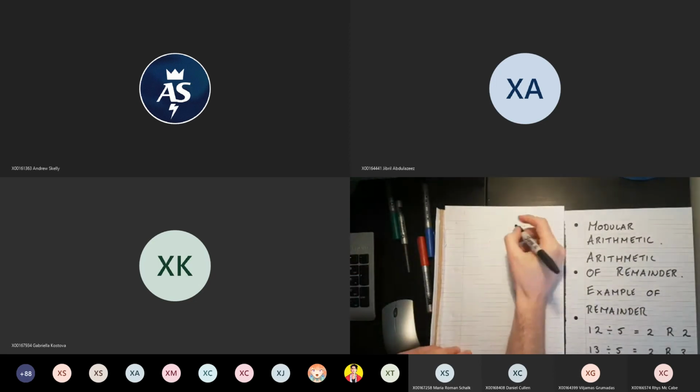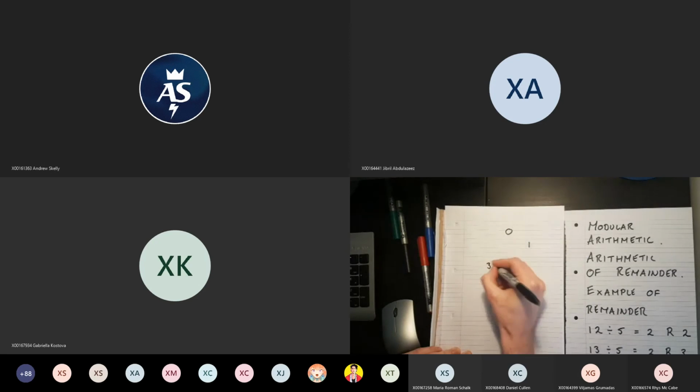This is not a clock of 12, this is a clock of 5. So we're going to go 0, 1, 2, 3, and 4. And these are the 5 possible remainders that I can get on division by 5.